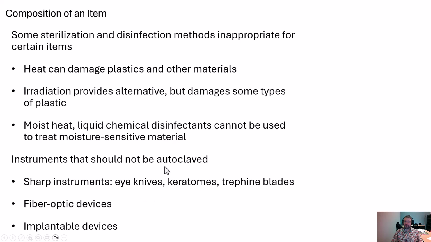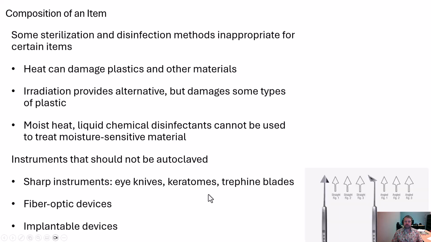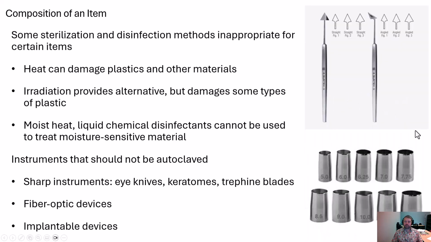They have issues with being autoclaved. Yes, normally they're made out of metal, but like keratomes and things like that, because of how fine the edge is, if autoclaved, due to the moisture, the steam, and the heat, they'll rust. And so many of these instruments are disinfected chemically instead of autoclaved.